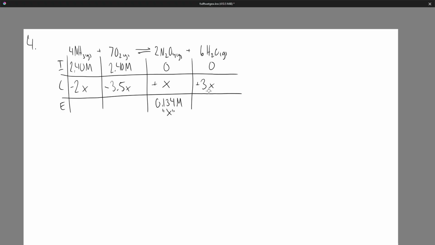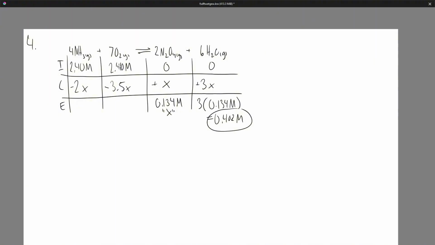So for the water vapor, it's 3x. You multiply 3 by x, which is 0.134 molar. That gives us an equilibrium concentration of 0.402 molar for water vapor.